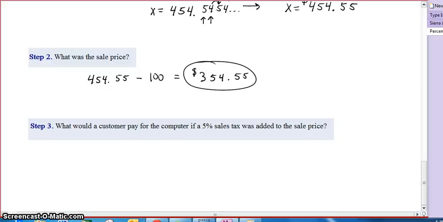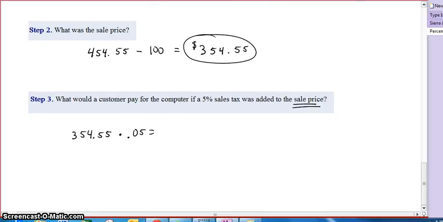The last part of this says, what would a customer pay if there's now a 5% sales tax added to the sale price? So I need the sale price, $354.55, and I need 5% of this. Or I could think about it as 5 out of 100. What is 5% of this? Multiply both sides by the denominator.